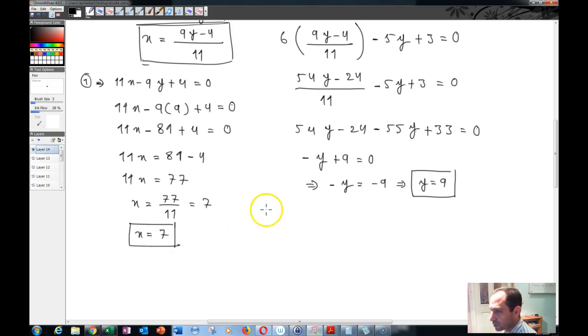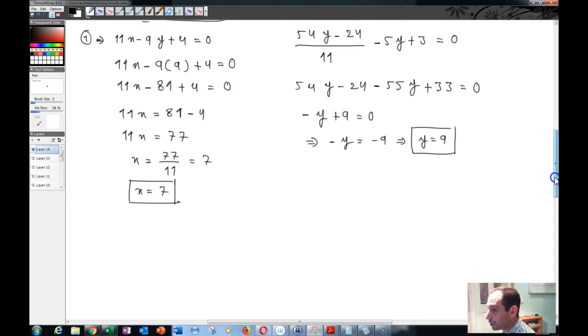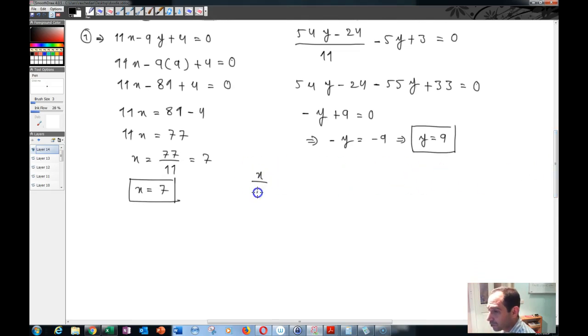Okay, so now we said that we had a fraction in the form of x to y, and now we know that it's 7 to 9. We know that if we add 2 to both the numerator and the denominator, the fraction became 9 to 11.